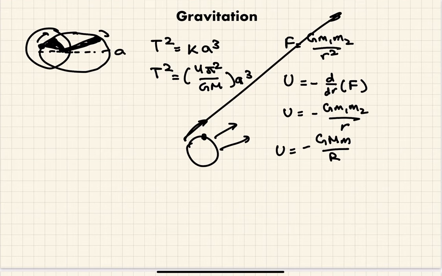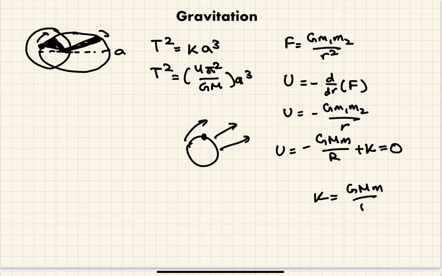So for escape velocity you want to go infinitely far, and you just have to add this to the kinetic energy to get zero, which means that kinetic energy is going to be equal to positive GMm over R. In other words, usually potential energy and kinetic energy cancel in gravitation, because the total energy should be equal to zero.